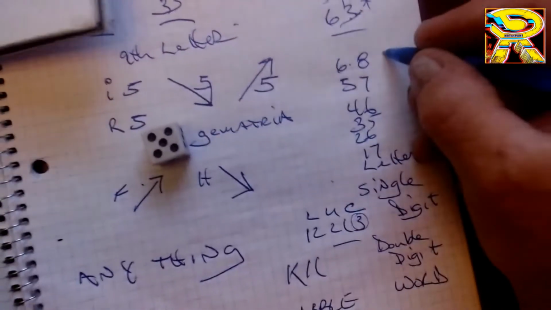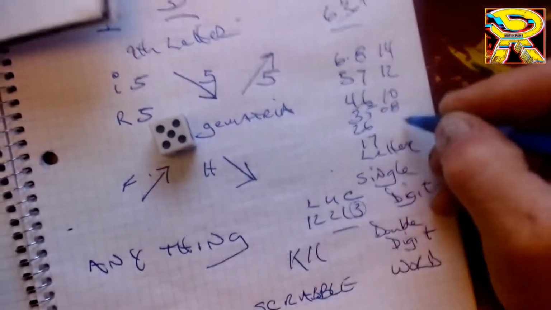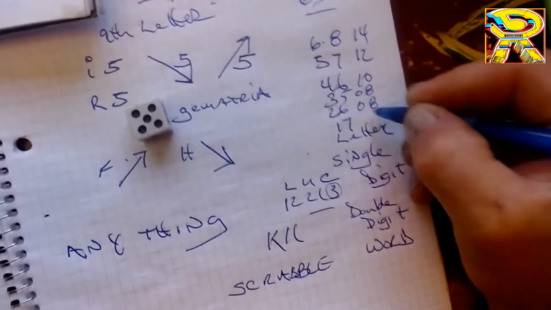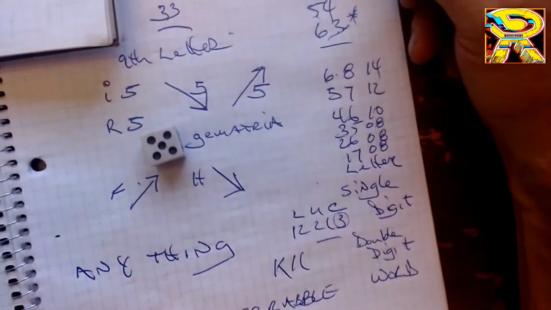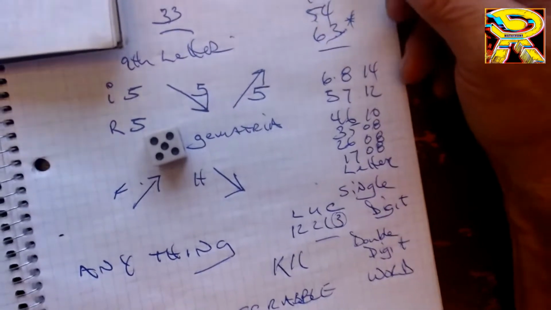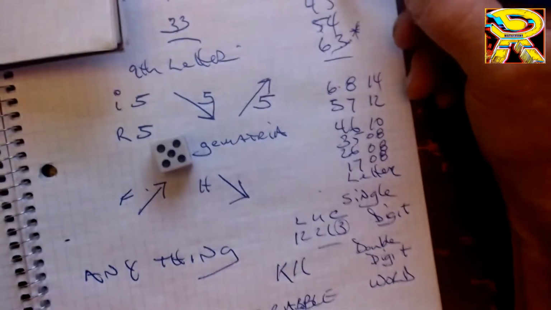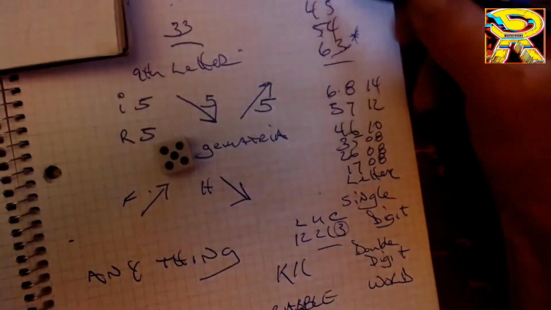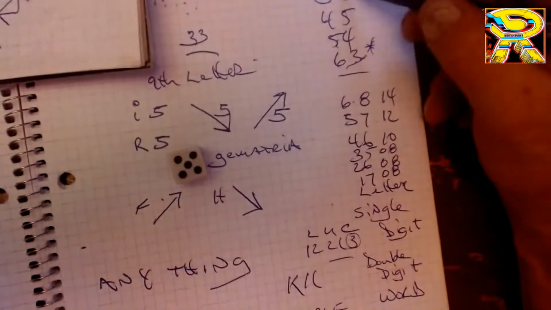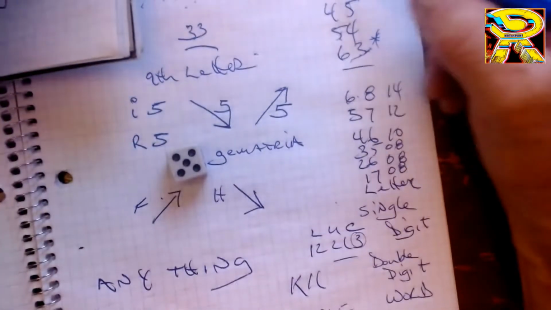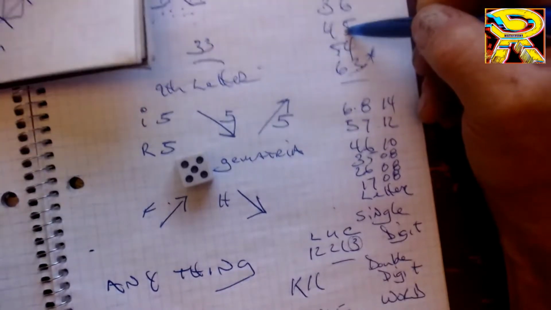Okay, so in this scenario, you're going to get 14, 12, 10, 8, and so on. Did I get that right? 6 and 8, 14. 5 and 7 is 12. 4 and 6 is 10. 3 and 5 is 8. Oh, I did that wrong, right? Yeah, I did that wrong. Where did I get 1 and 7, right? So let me do this again. So 3 and 5. Did I get that right?